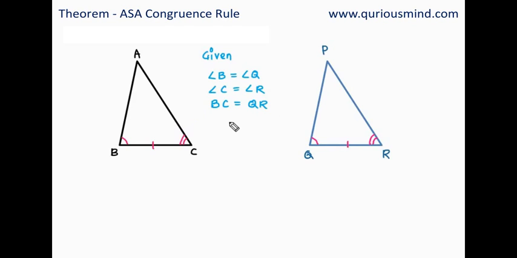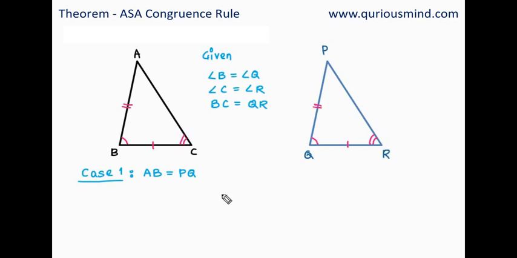Let's use the first condition where AB is equal to PQ. So we are saying AB is equal to PQ.